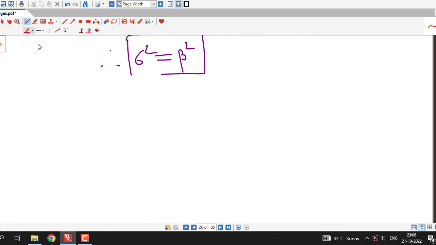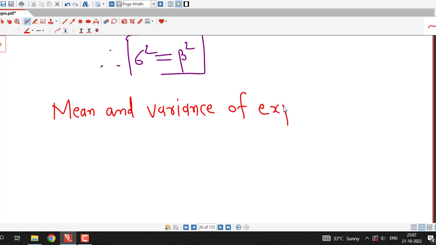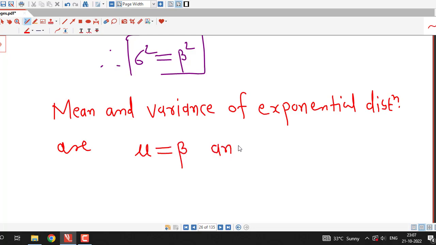So finally we conclude that mean and variance of exponential distribution are: mu, that is mean, is beta and variance is sigma square equal to beta square.